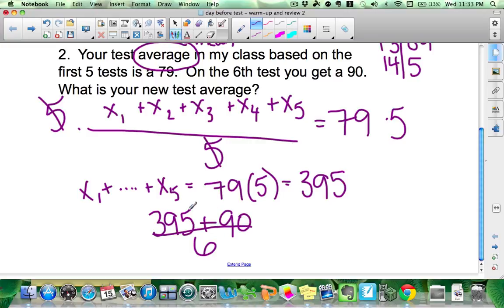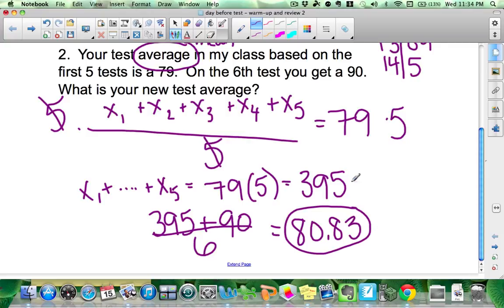Now this is the sum of all 6 scores divided by 6. So if I add 90 to that and I divide by 6, I get 80.83 repeating. So 80.83. Okay? So you see I didn't actually need the first 5 scores. What I needed is what they summed to, because then I can sum the 6th with them and divide by 6.